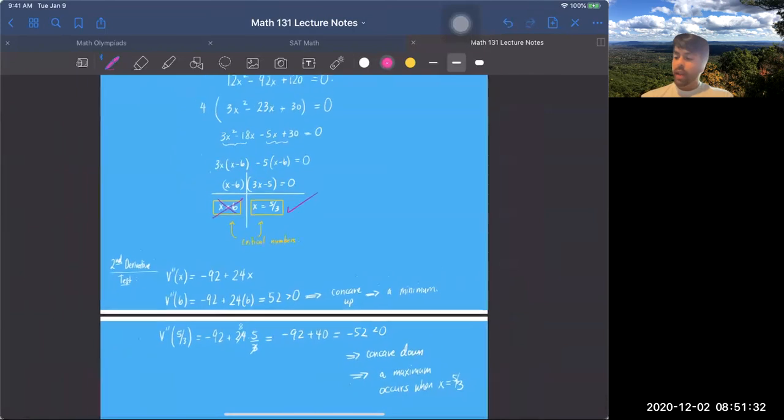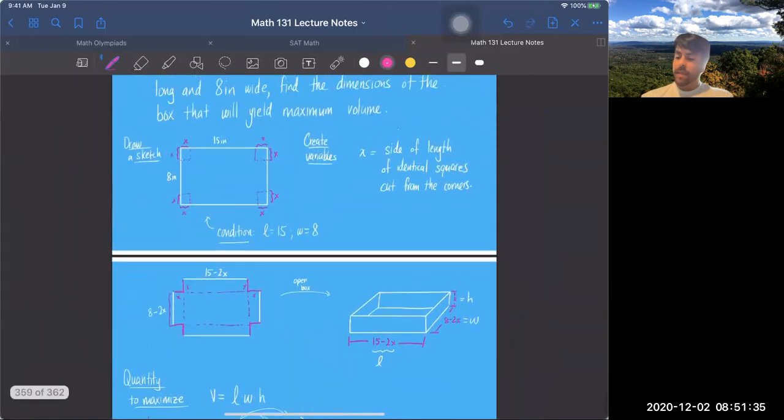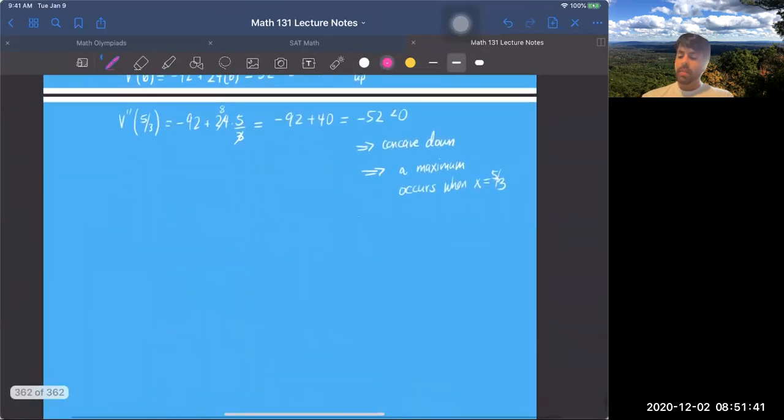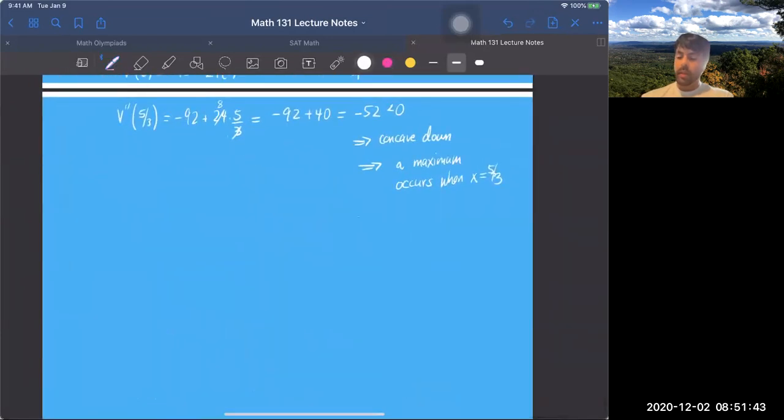And so then what's the question asked again? It says find the dimensions of the box that will yield the maximum volume. So what are going to be my dimensions? So what are the dimensions of the box with maximum area? Pardon me, maximum volume.